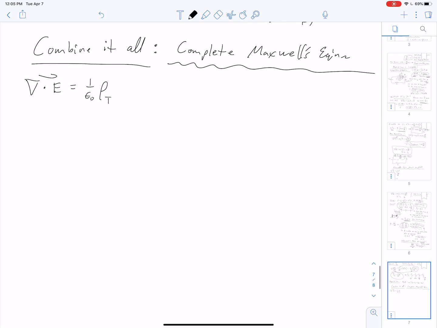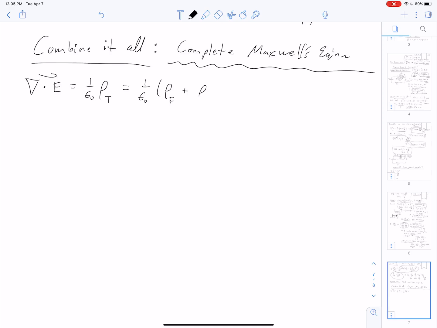If we have any charge density, that will create divergence in the electric field. But we know that there are two places the charge density can come from: free charge density, like just some charge that's lying around, but we also can have bound charge density.